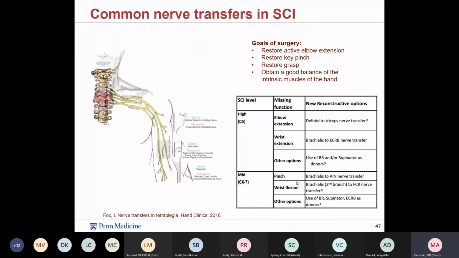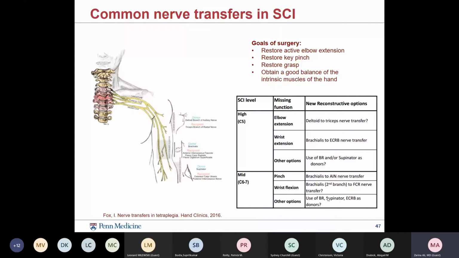There's a variety of common nerve transfers that folks around the country as well as us are doing. The most important priorities are thinking about restoring active elbow extension. This is very important for patients who are wheelchair bound, and for independence with eating, for example.